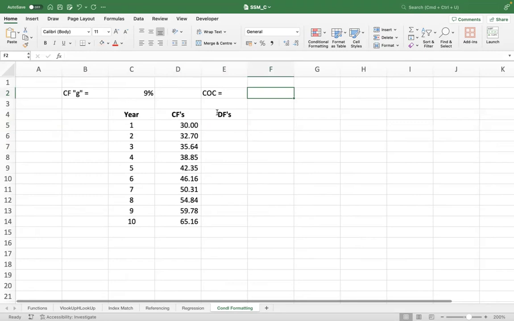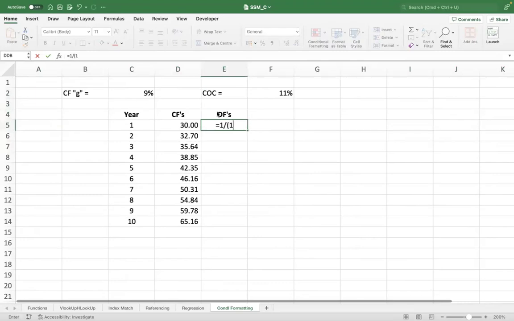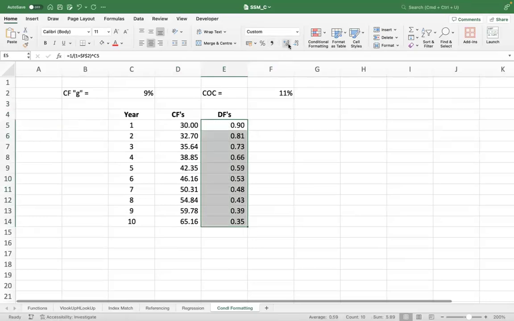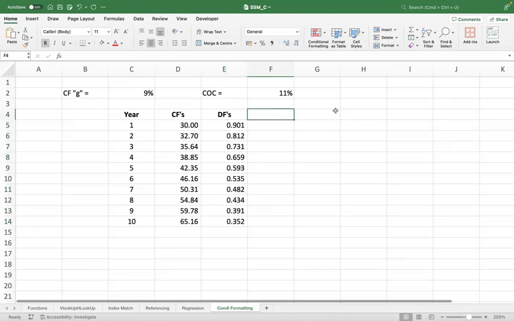So let's say the cost of capital for the firm is 11%, which becomes my basic minimum expected return, which is r. So 1 by 1 plus r raised to the power of n. And we drag it down.